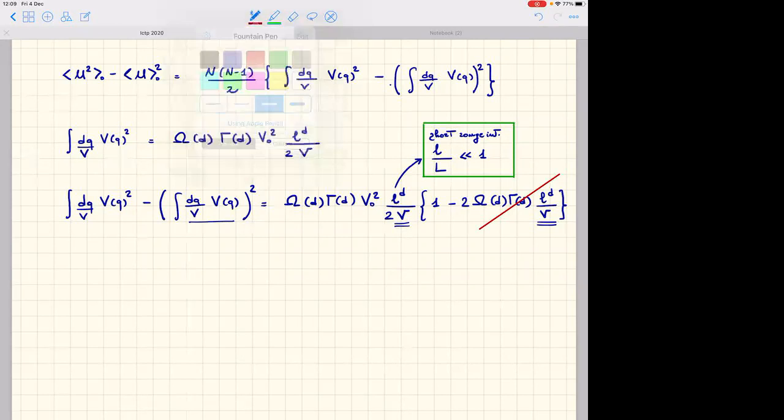Yes. This means that this term comes from this one. And therefore this means that this term can be neglected as compared to this one. Okay?